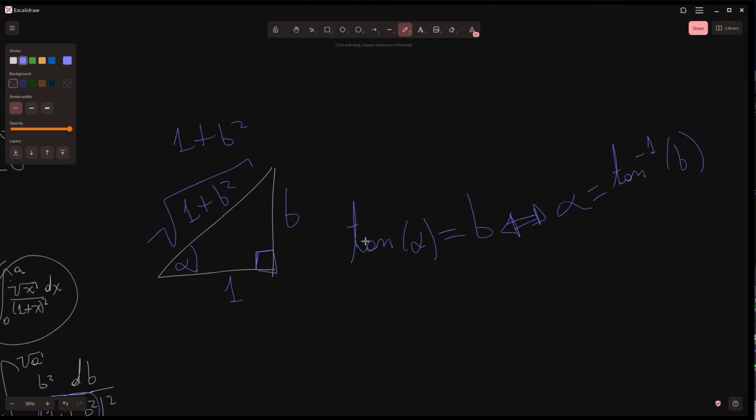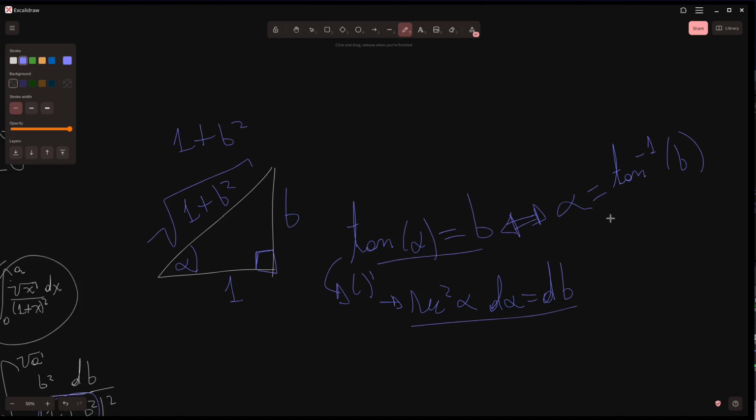So we get the secant square of the angle, the derivative of the angle, and here we get the dv.